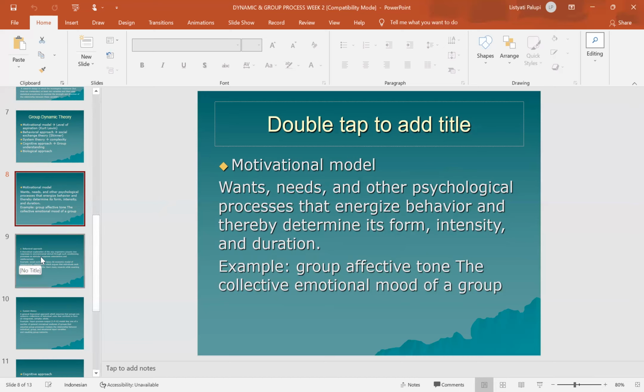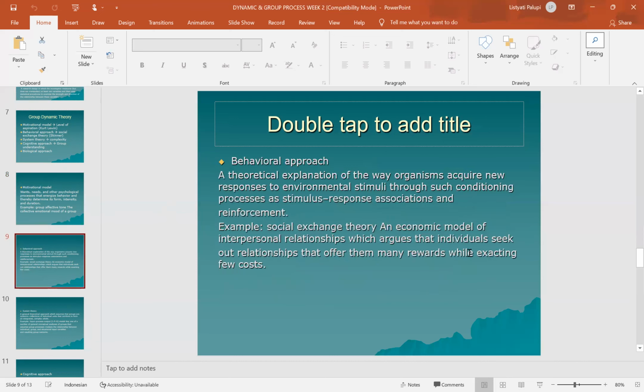So, moving to the next perspective, the behavioral approach. Behavioral approach is a theoretical explanation of the way organisms acquire new responses to environmental stimuli through conditioning processes such as stimulus-response association and reinforcement.